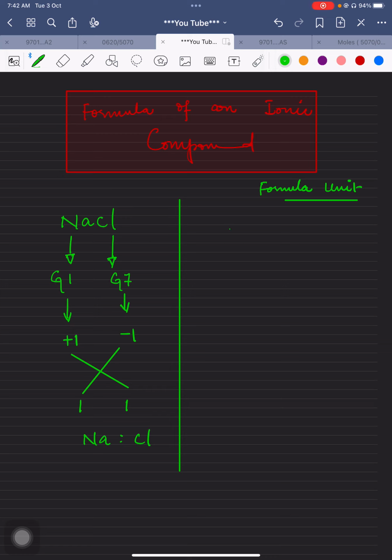So here, for example, this is calcium oxide. How are we going to make this formula? Look here. It is group number 2. We should know in which groups these elements exist and what charges are associated with those groups. For that, we must have basic information from our previous lectures.